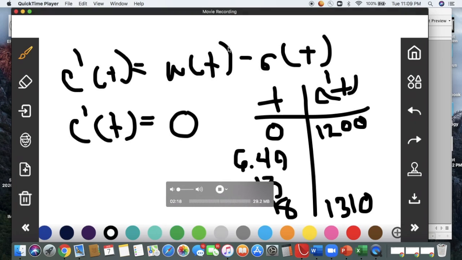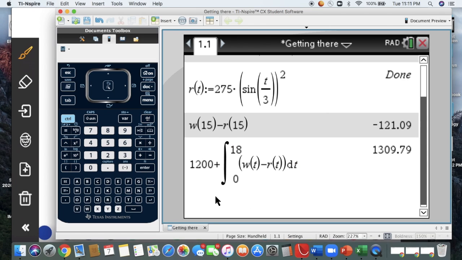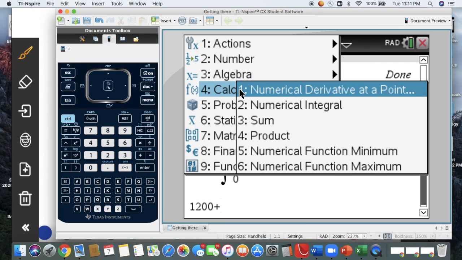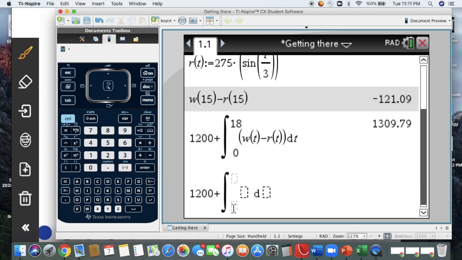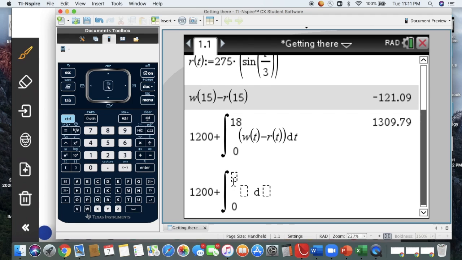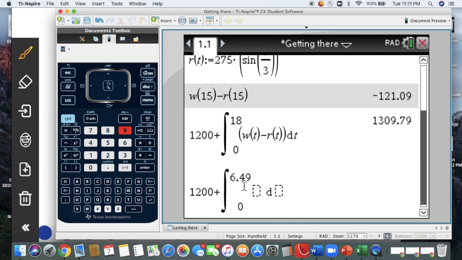Okay. So then we can go back to our calculator and we put it into an equation like this, right? And so we'll say 1200 plus the integral from 0 to 6.49.